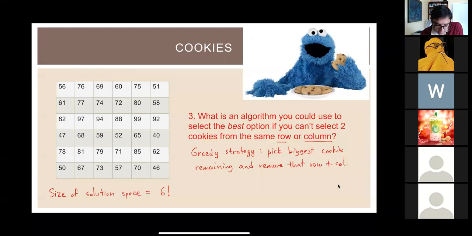Okay, so in this case, which one would we start with? 99. And the minute we did that, we would have to remove that row and column. And so which one would we take next? 81. Okay, and so on. So that would be a greedy strategy. What do you think? Is this going to be good or not?